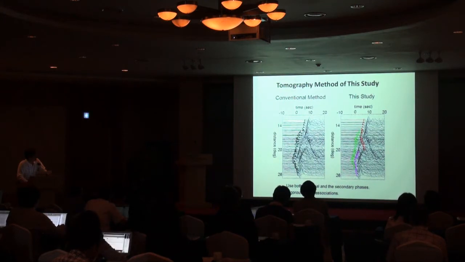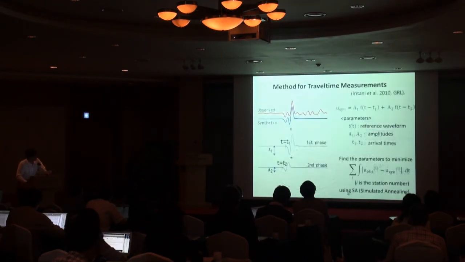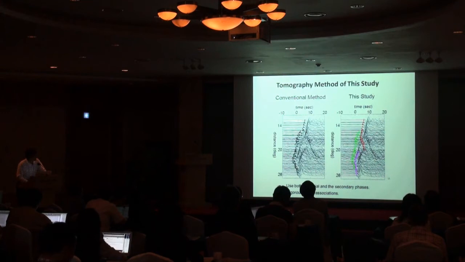In contrast, in the conventional method, phase associations have large uncertainties. The former should improve the resolution, and the latter should improve the accuracy of the obtained models, and the existence of the array data is critical for these improvements.